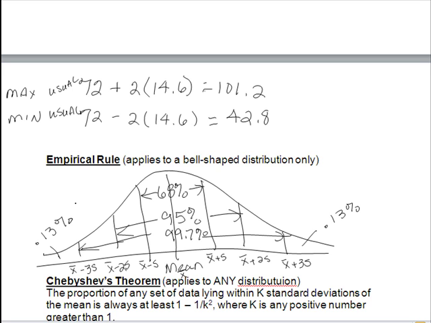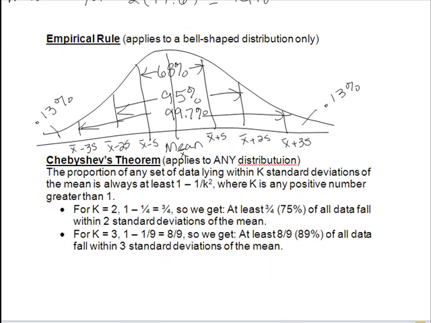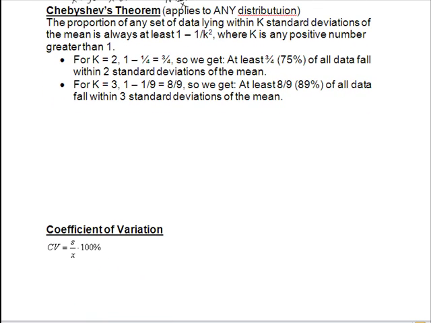Okay, now we have 2 more items we need to look at. First of all, Chebyshev's theorem. Note that, I'm going to correct my spelling there, unlike the empirical rule, which applies only to the normal or the bell-shaped distribution, Chebyshev's theorem applies to any distribution, including the normal distribution.